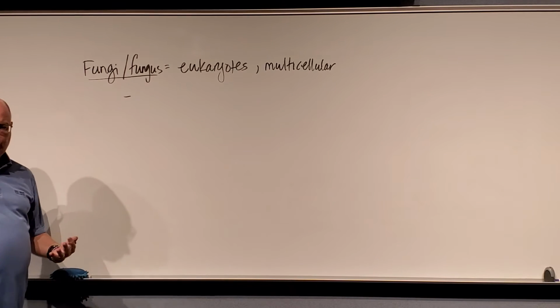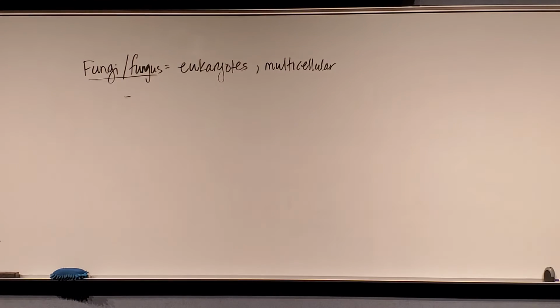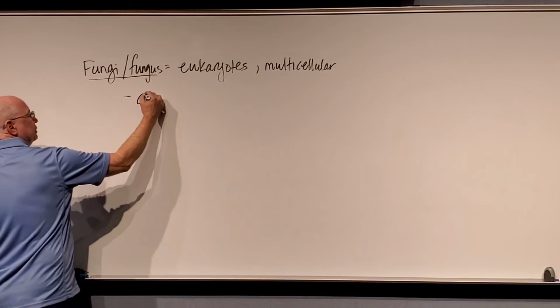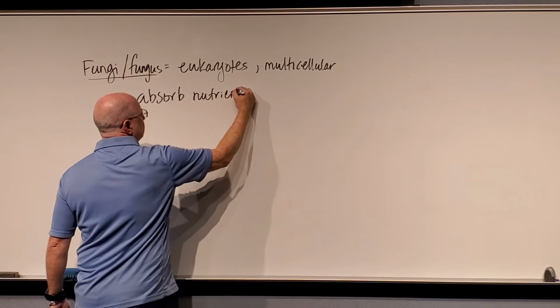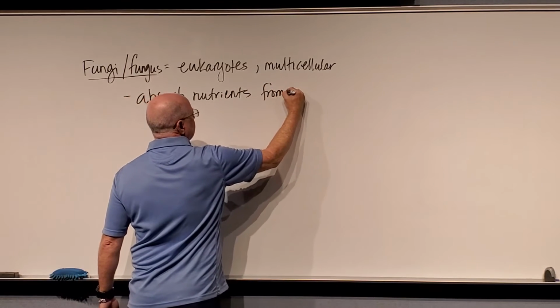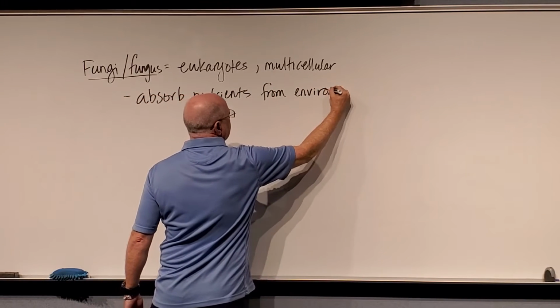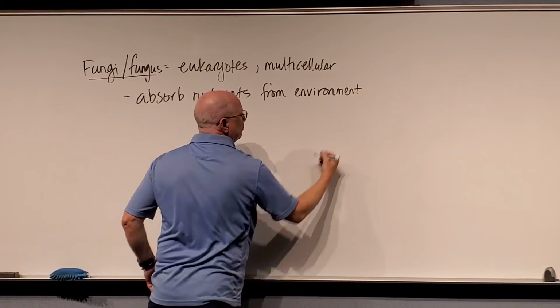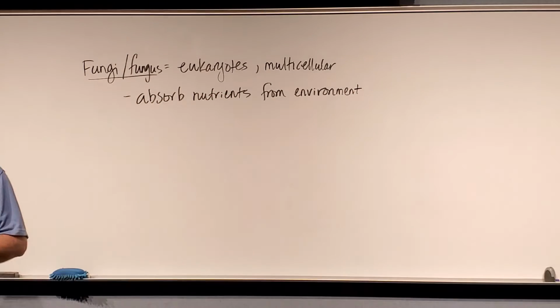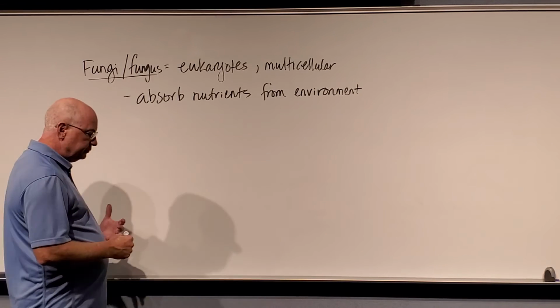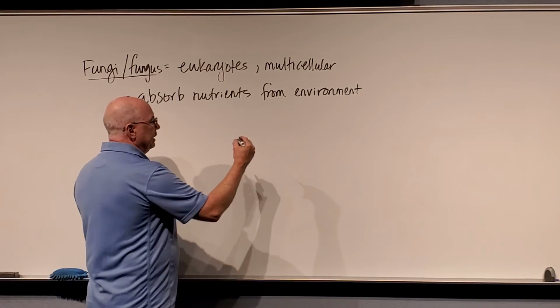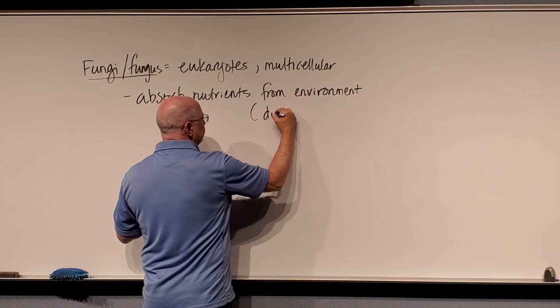They cannot produce their own energy. They have to absorb their nutrients from their environment. They absorb their nutrients from growing on other substances, like on other plants, or they absorb their nutrients from the ground, and then they use those nutrients to grow and develop. They don't eat.